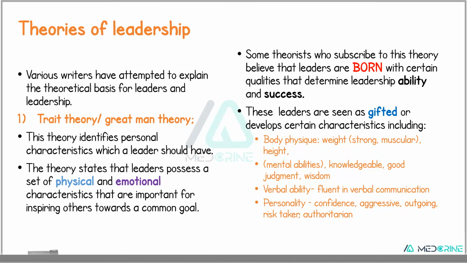These leaders are seen as gifted or develop certain characteristics, including a strong and muscular body physique, mental abilities, meaning these people are knowledgeable and have good judgment and wisdom. They have fluent verbal communication ability, and their personality embraces confidence: aggressive, outgoing, risk-taking, and authoritarian.